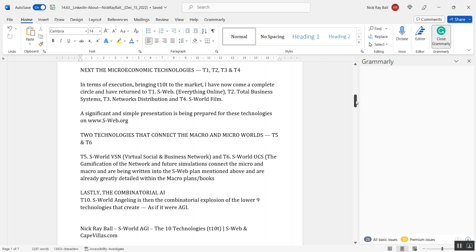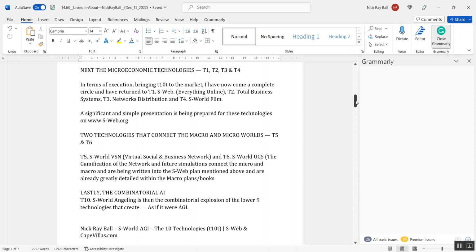Next, the microeconomic technologies, T1, T2, T3 and T4. In terms of execution, bringing T10 to the market, I have now made a complete circle of return to T1 S-Web, everything online, T2 Total Business Systems, T3 Networks Distribution, and T4 S-World Film. A significant and simple presentation is being prepared for these technologies on sweb.org.